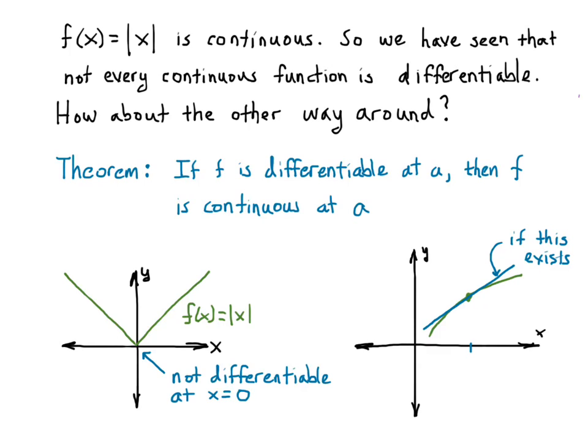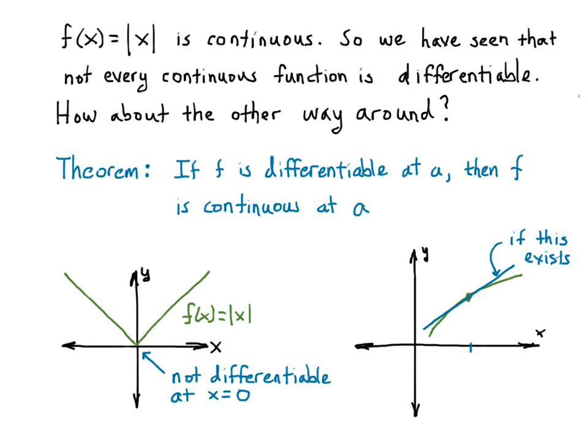And this has to exist for this to exist. So if we know that we have this value, that infers that we have this value. So it's not the other way around. This can exist without this limit existing, but in order for this limit to exist, this must exist.